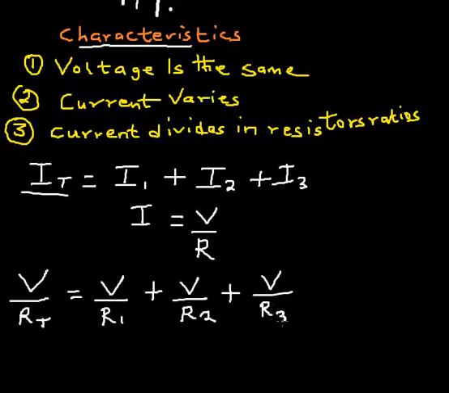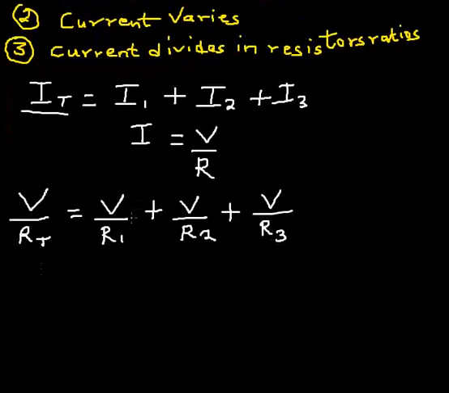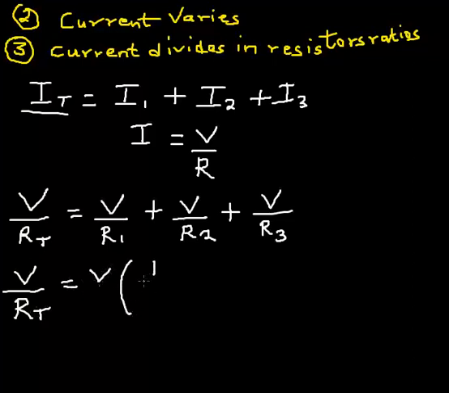Since on the right hand side of this equation V is a constant factor, I factorize it out. I now have 1 over R1 plus 1 over R2, then plus 1 over R3, in brackets.